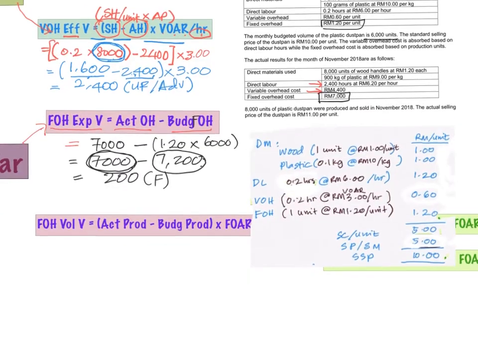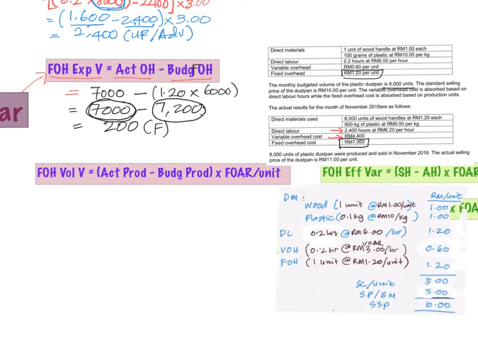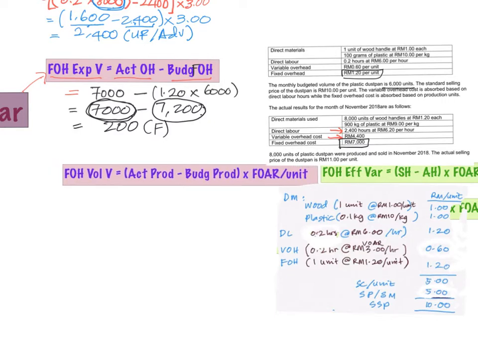Okay, so next one we are going to look at fixed overhead volume variance. Fixed overhead volume variance can be calculated using this formula, which is actual units produced, here we have actual units produced, compared with the budgeted units produced, times the FOAR per unit.